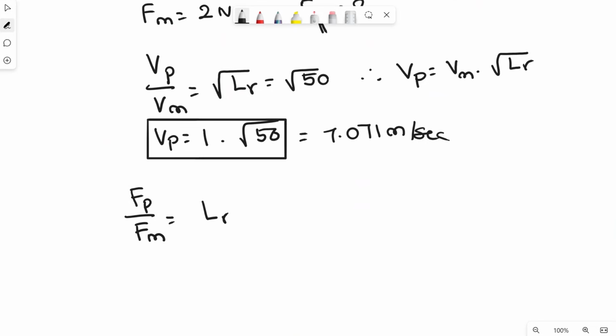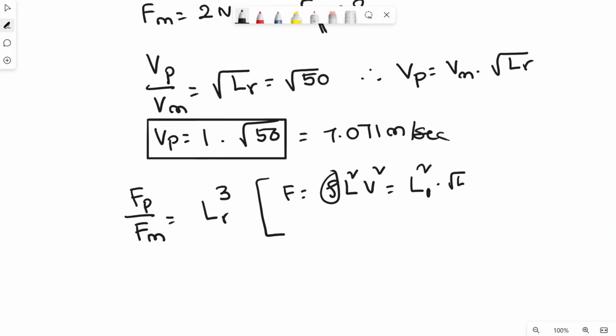Then next, Fp by Fm is equal to Lr cubed, as you have already done. How we got this also we will check. Force means rho L square V square. Rho is the same for model and prototype. So L square means LR square, and V square means root LR whole square. So LR square into LR, that means LR cube.